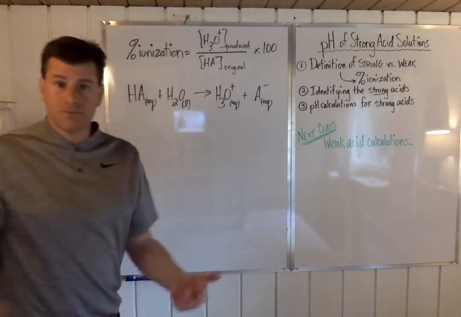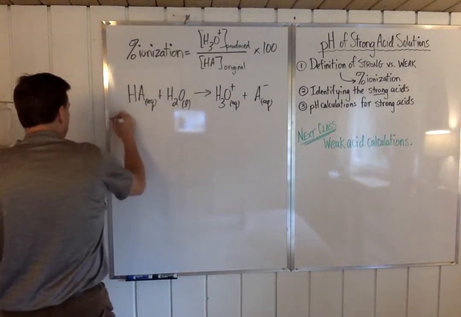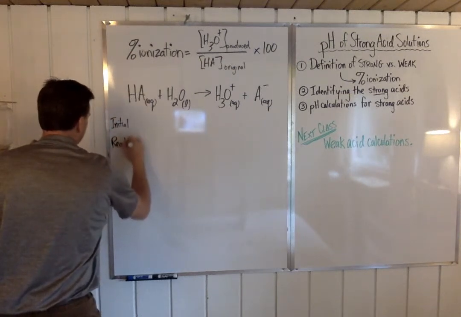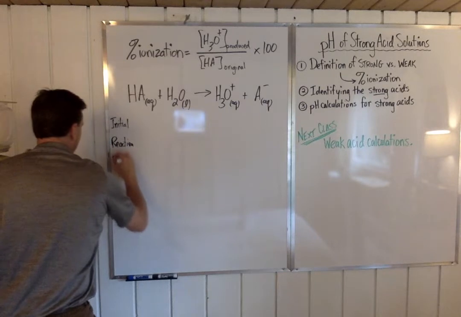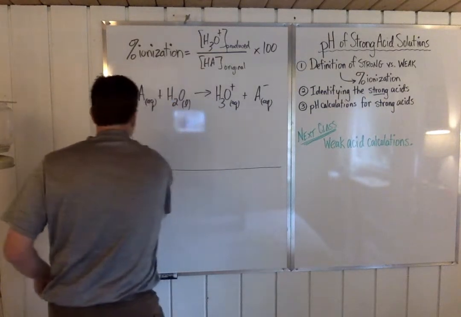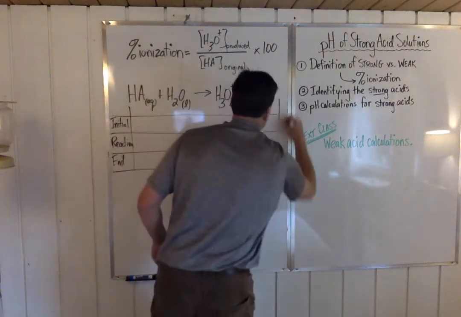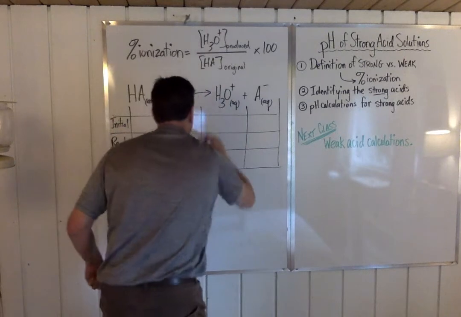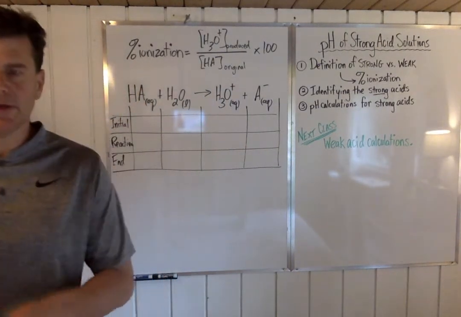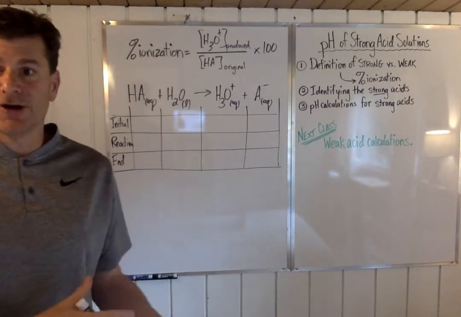So I just keep this relatively simple here. So I'm going to write down, okay, you've probably seen one of these before. You've done the equilibrium unit, you've done the solubility unit, so you've probably seen a chart that looks like this.